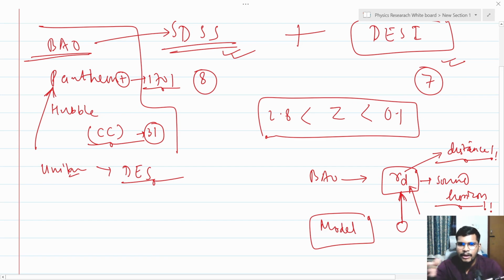All right, drag, why? Because if this length stopped at some point, and since the universe is expanding, it gets stretched, therefore it has the effect of dragging. This much I am going to tell you.